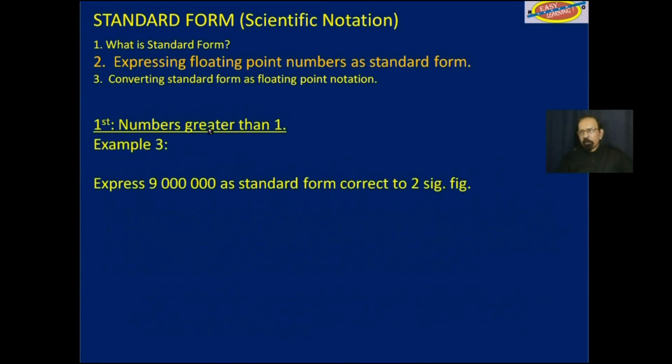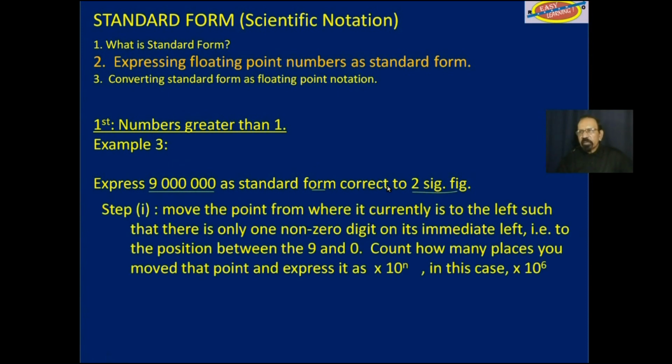Next example, 9 million as standard form, correct to two significant figures. First thing, we move this point from where it is such that there is only one non-zero digit on its left. That will be 3 and 3, 6. So we write times 10 to the 6th power. Then we round off here with a point in a new position to two significant figures.